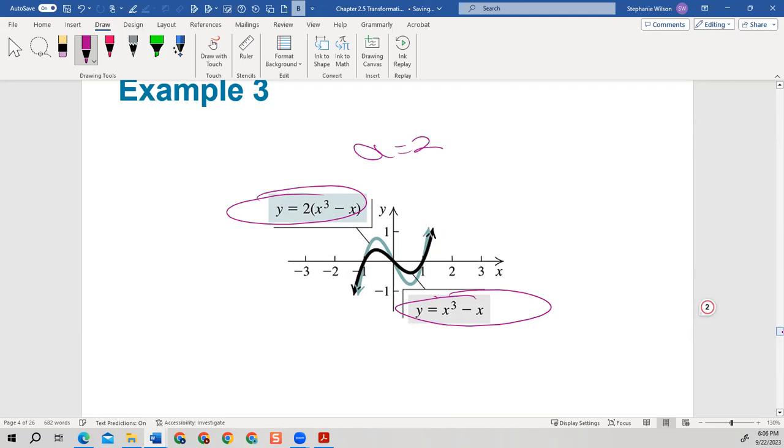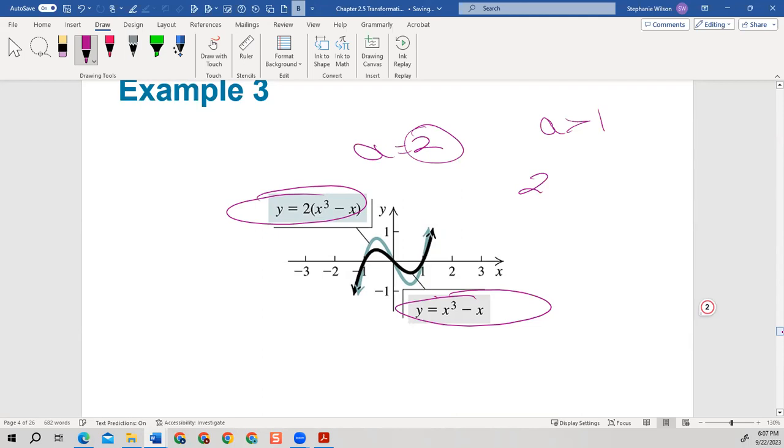And A has a 2. 2 is greater than 1, right? So A is greater than 1, so we have a stretching going on, and look what happens. Our curves become more prominent. They become bigger peaks, right? So we've got the stretching going on.